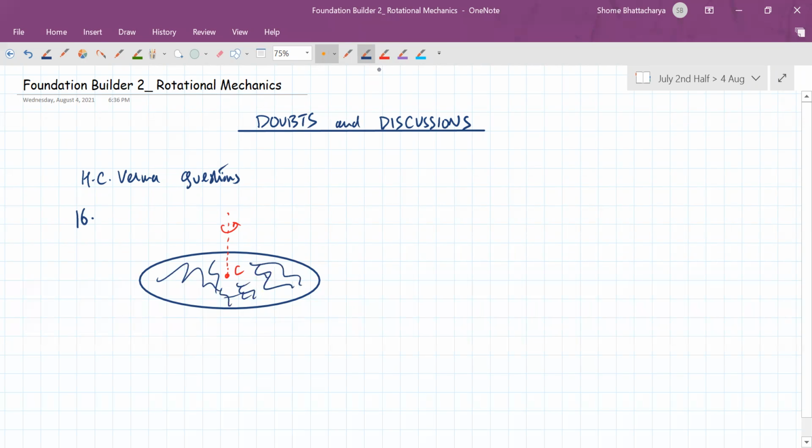So if we consider a point on the surface at a distance r radially from the center, the surface mass density sigma, which is mass per unit area, is A plus Br, where A and B are constants and r is the distance from the center.